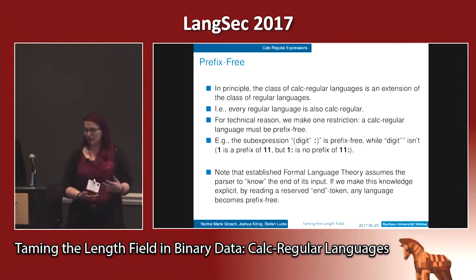Note that established formal language assumes the parser to know the end of its input. And if we make this knowledge explicit, by reading a reserved end token, any language becomes prefix-free. So digit star isn't prefix-free, but with an added colon after it, it becomes prefix-free.